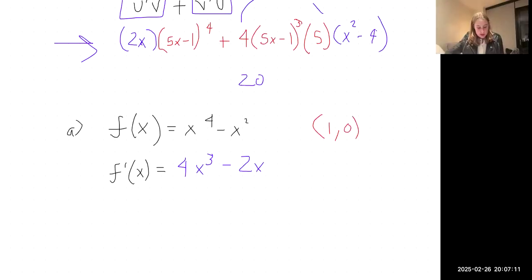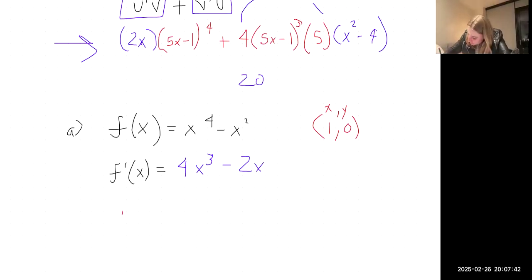It says f of x equals, I didn't even see that, at the point 1 comma 0. So recall that coordinates are x comma y. So we substitute 1 in for x.